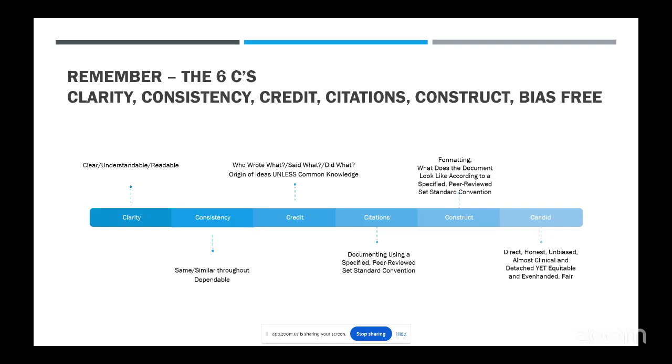So let's look at the first one. Why APA?